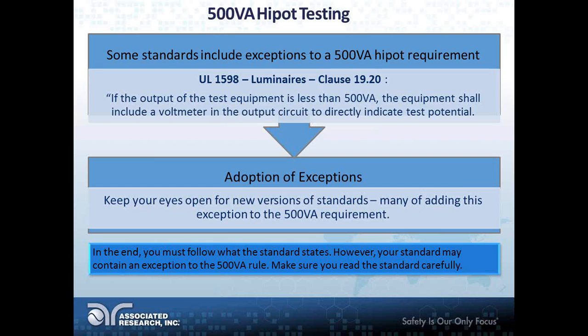So here's basically an exception. There are always exceptions to 500 VA Hipot testing. What this means is that if you are not using a 500 VA transformer, then there should be a voltmeter included on the output circuit to directly indicate the test potential. And this is right out of the standard, so something very important.